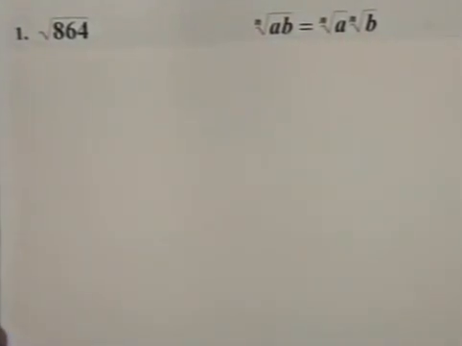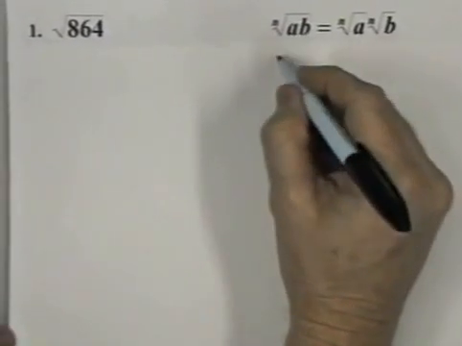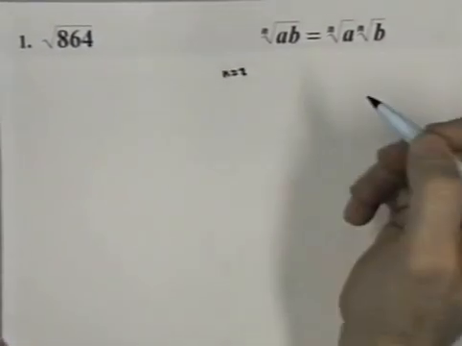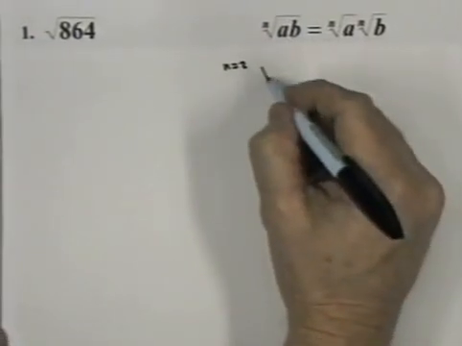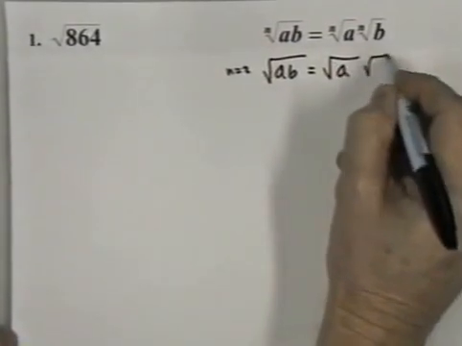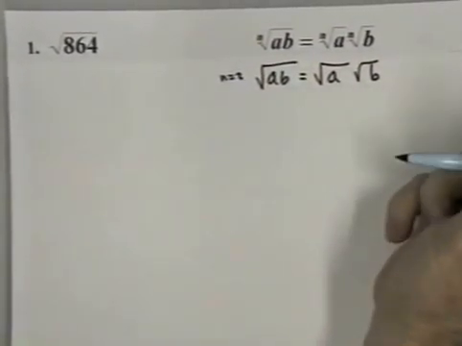In this case, since we're dealing with the nth root, n is 2. We're going to be using this property: the nth root of ab is equal to the nth root of a times the nth root of b. It might be worth writing it in terms of just 2 here, that would say the square root of ab is equal to the square root of a times the square root of b.